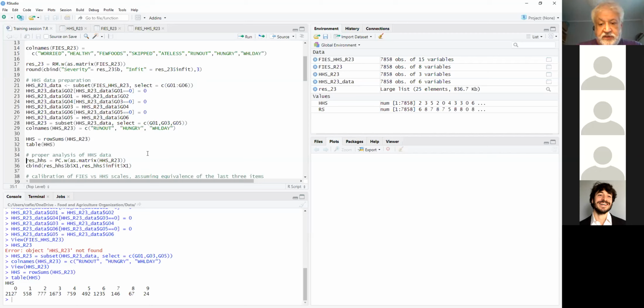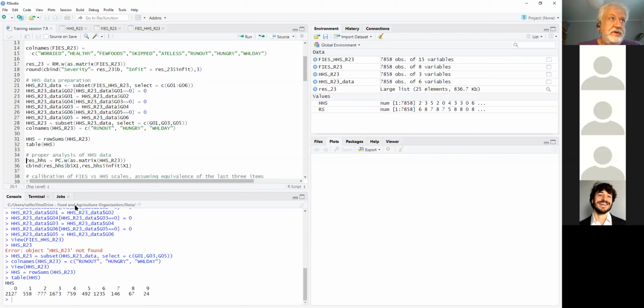If this assumption is correct, we can use the so-called partial credit model, which is also discussed in the book by Bond and Fox. So those of you who have read the book have encountered it, and it has been implemented by Sara Viviani into the RM.weights package through the command pc.w, which stands for partial credit.